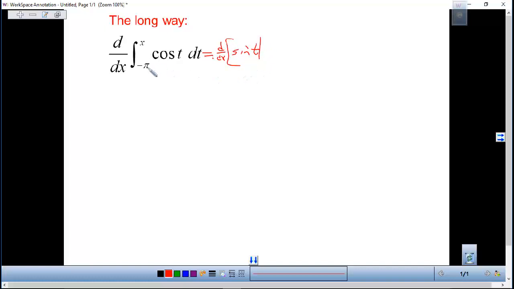But I'm evaluating this from negative pi to x. Now, if I do just the brackets here, I've got d/dx of sine x minus sine of negative pi.